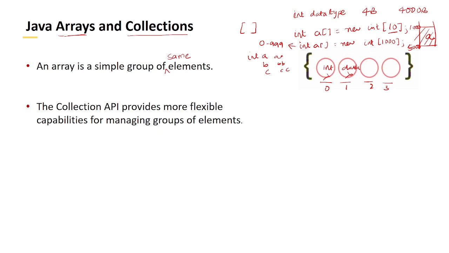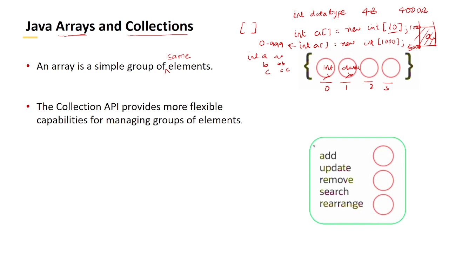If we talk about the collection API, it provides more flexible capabilities for managing groups of elements. With collection APIs, we can directly add, update, remove, search, and rearrange. If we really talk about just arrays, we have to manually do things. But when we have collection APIs, we can directly add, update, and do a lot of different operations.